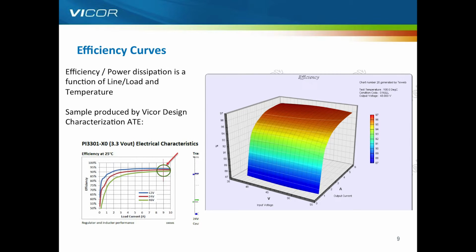This graph here just shows you a 3D representation of our efficiency over the input line, the output, and the temperature. So the efficiency charts that you see within our data sheets are extremely accurate and represent a number of devices that have been characterized over time.